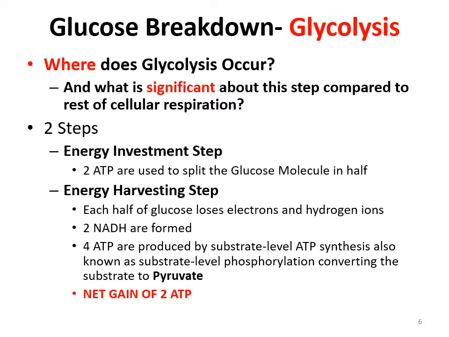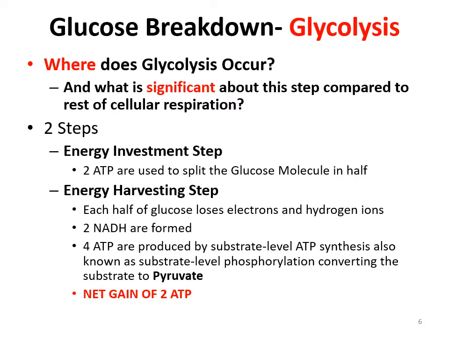And what did we say is the significance about this step compared to the rest of cellular respiration? Well, as soon as you see glycolysis, I said remind yourself that it can occur without oxygen. Okay, so whether oxygen's present or not, a cell can break down glucose in glycolysis and get to ATP.